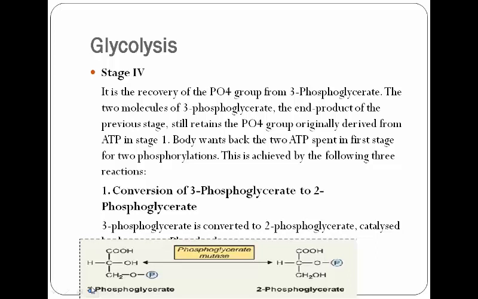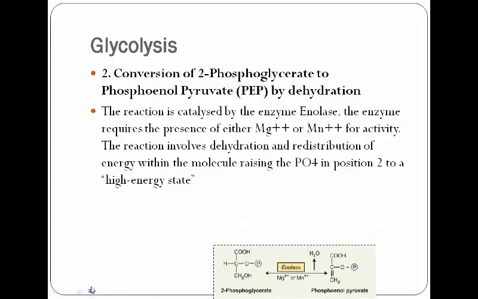The conversion of 3-phosphoglycerate to 2-phosphoglycerate occurs in the presence of the enzyme phosphoglycerate mutase, and 2-phosphoglycerate is formed.